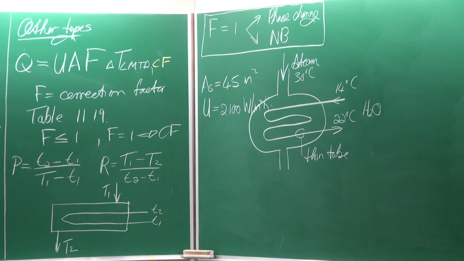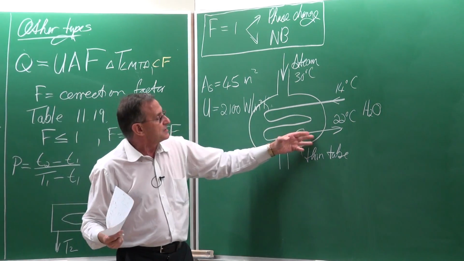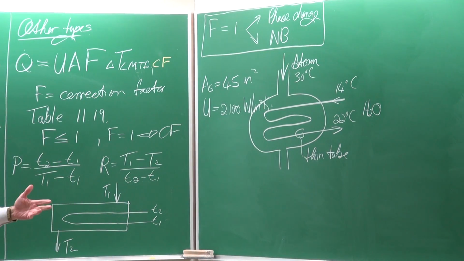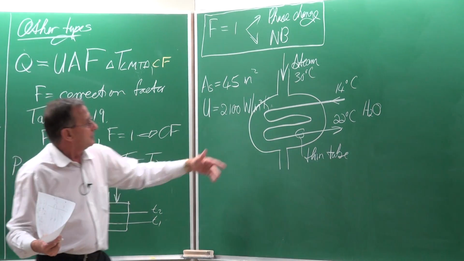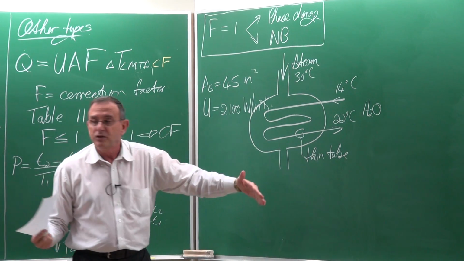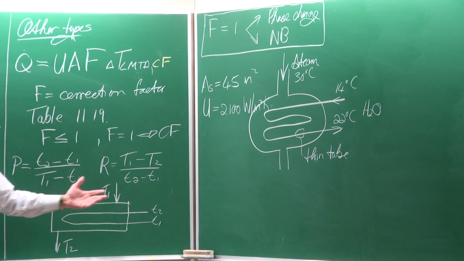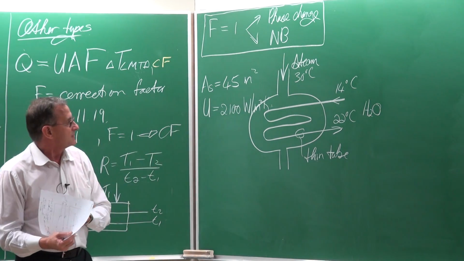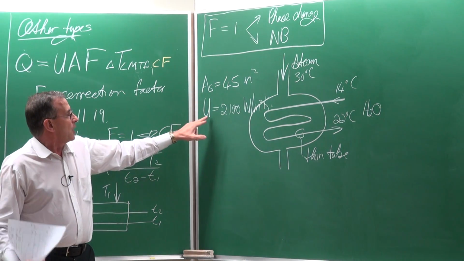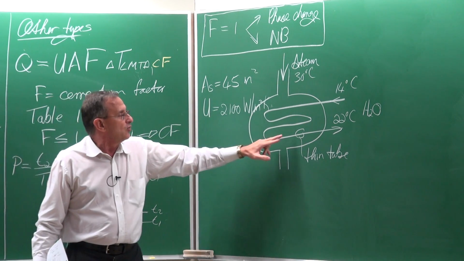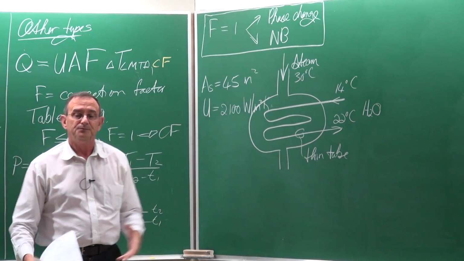Okay. To get that, you will have to get the mass flow rates, Reynolds numbers, go through the equations, get the heat transfer coefficients, on the inside and the outside, go through the whole thing, take into consideration fouling if there's fouling, and then get to the value of this. So you will also see that the overall heat transfer coefficient is not given either on the inside or the outside.